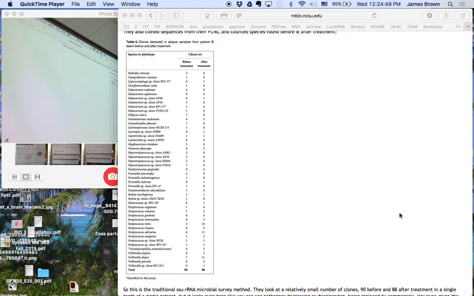Yeah. Well, you would change your primers. Would you use tRFLP at all? You could. I think you could also make the argument that high throughput sequencing would be a more appropriate approach.